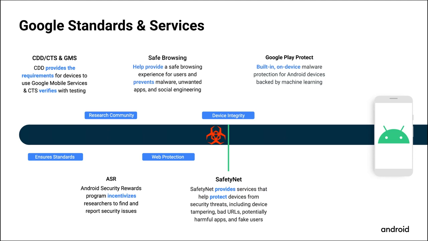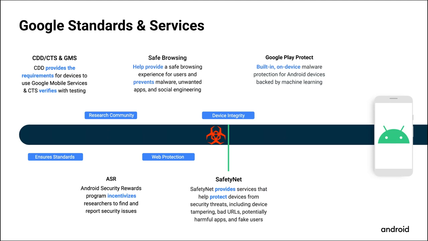There's services running that detect when a device is being tampered with, from visiting bad URLs, installing potentially harmful apps or malware, and even fake users or social media capabilities, and things like reCAPTCHA and two-factor authentication. A lot of these are in SafetyNet.